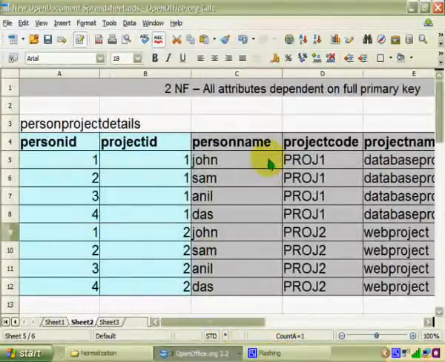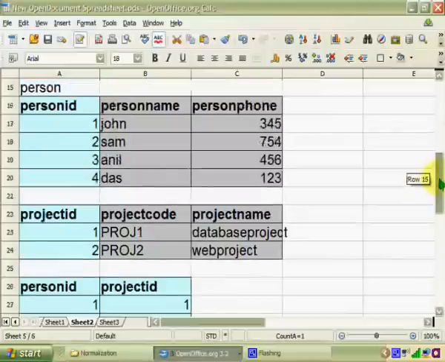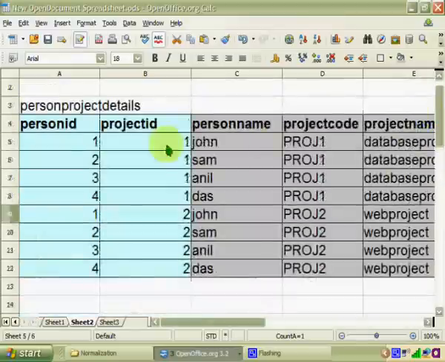So we split this table into three. We stored person information separately, project information separately, and their relationship separately. So this is how we stored it. We were able to get all the data in one place, and by joining all three tables, we will be able to get this complete information.